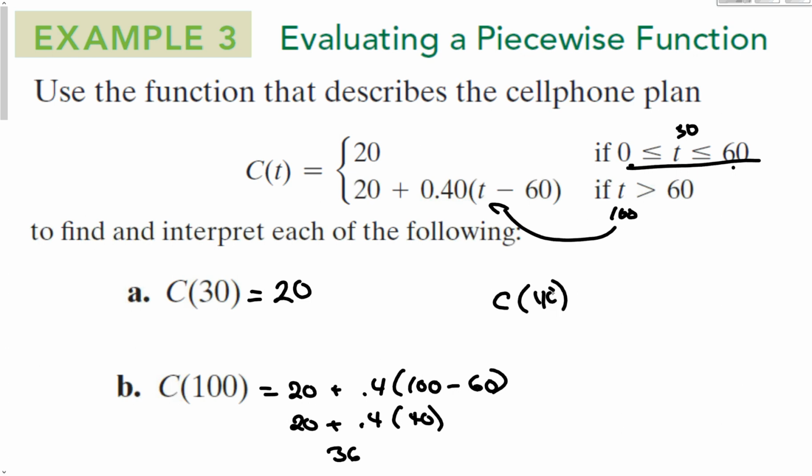C of 40 would still be 20 because it's not bigger than 60. C of 80 would be 0.4 times 20, which would be 28. So whatever number you're trying to evaluate, you need to pick which function to use.